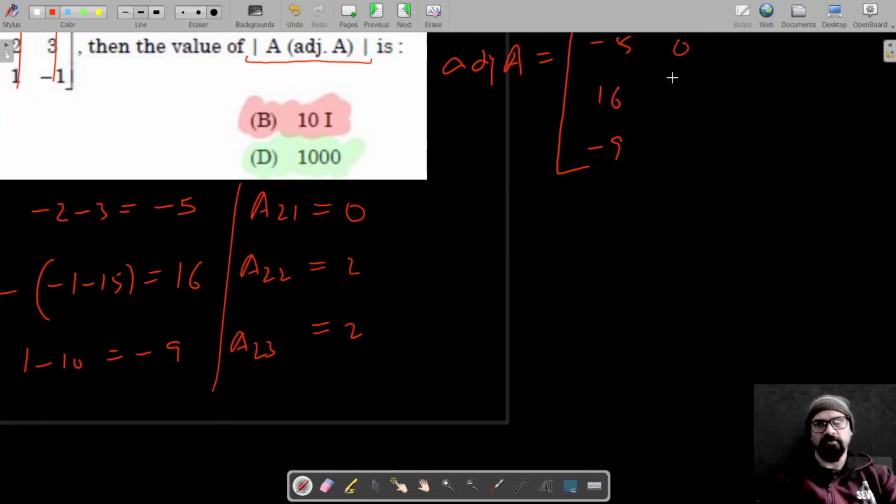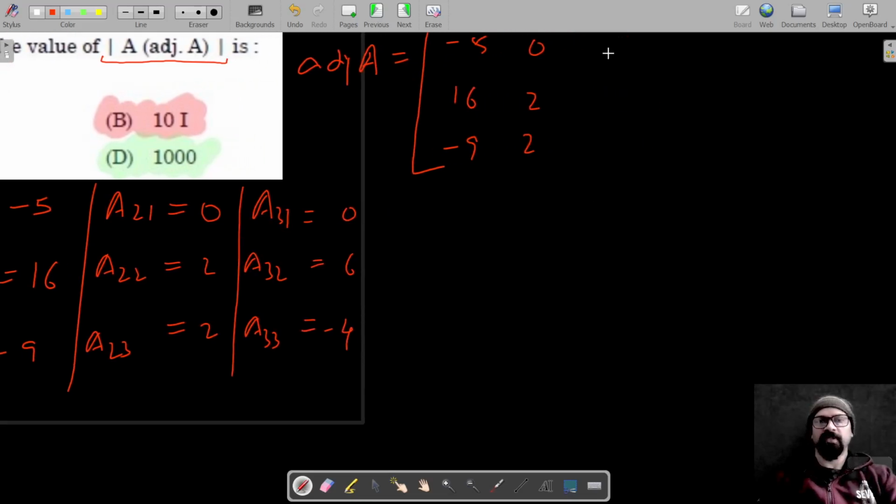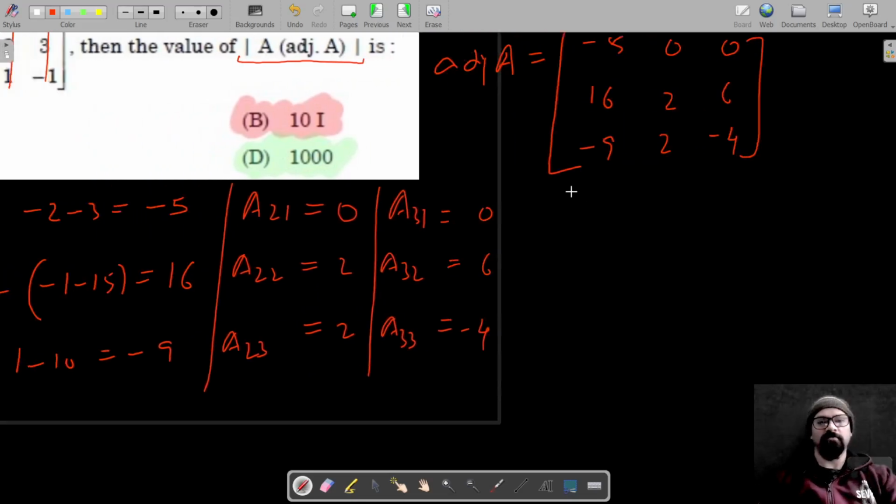So we have got the second column 0, 2, 2. Similarly, find out A31, A32, and A33, which will be 0, 6, and negative 4. So this is 0, 6, and negative 4. This is the adjoint of A.